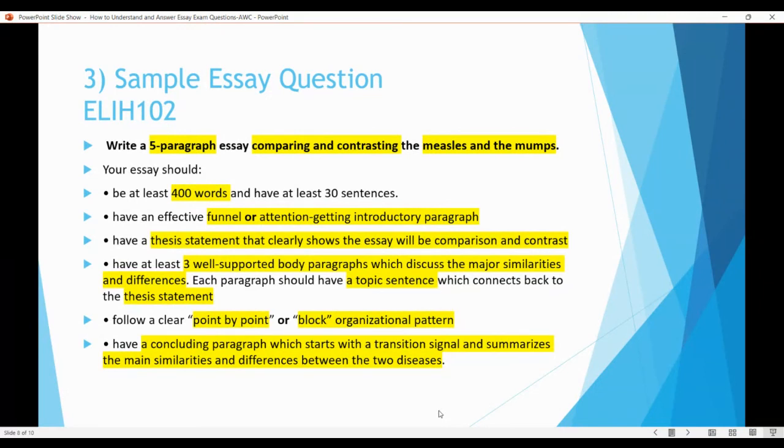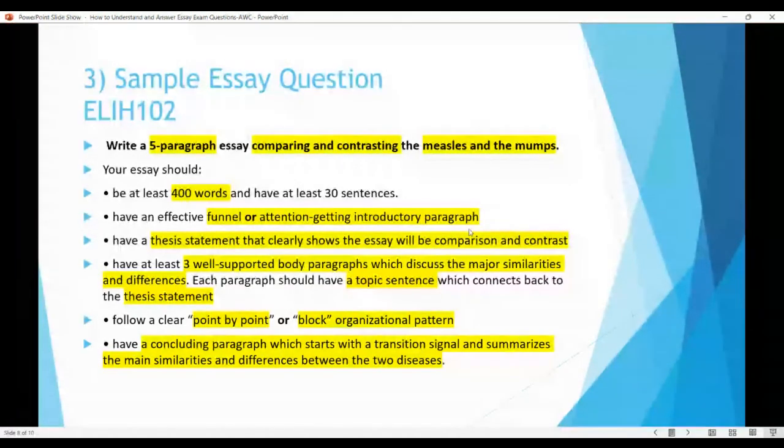Now, have an effective funnel, attention-getting introductory paragraph. I think we have already talked about it. Let me just refresh again if someone has missed. A funnel introduction is where you begin with some general information about the topic, and then you make it specific to the topic.